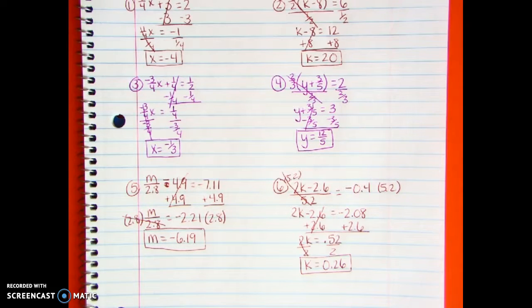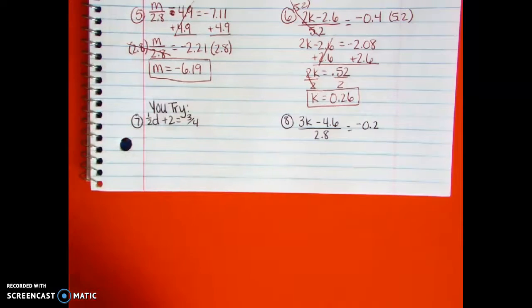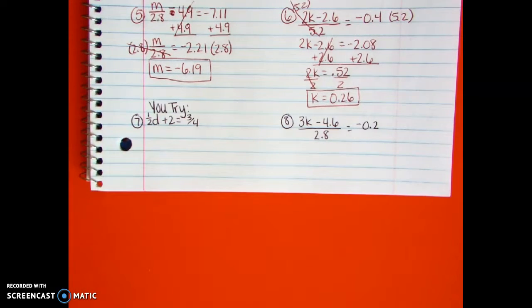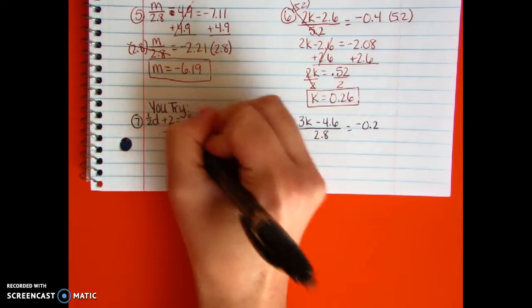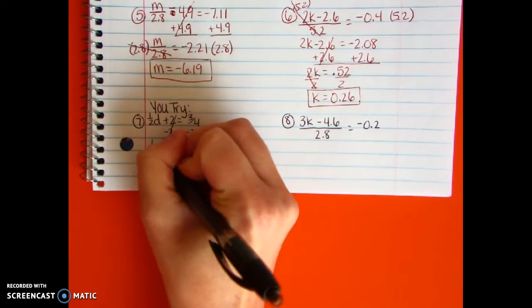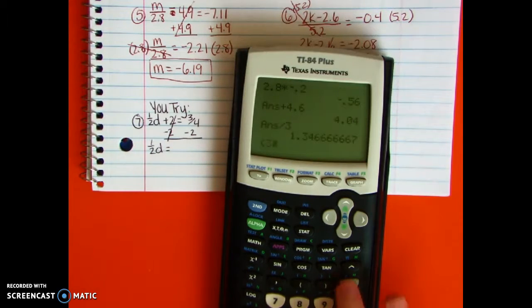Okay, I have 2 more for you to try on your own, and then that'll be it. Okay, there's 2 problems for you to try right now. Go ahead and pause and do number 7. Okay, for this one, let's subtract 2 first. It's 1/2 d equals 3/4 minus 2.